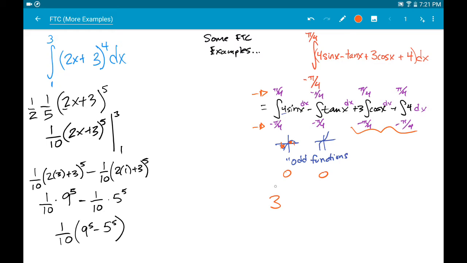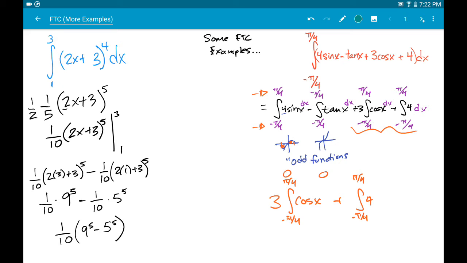So what I'm left with is 3 times the integral of cosine x from negative pi over 4 to pi over 4, plus the integral of 4, negative pi over 4 to pi over 4. And so let's try to crank out these antiderivatives.